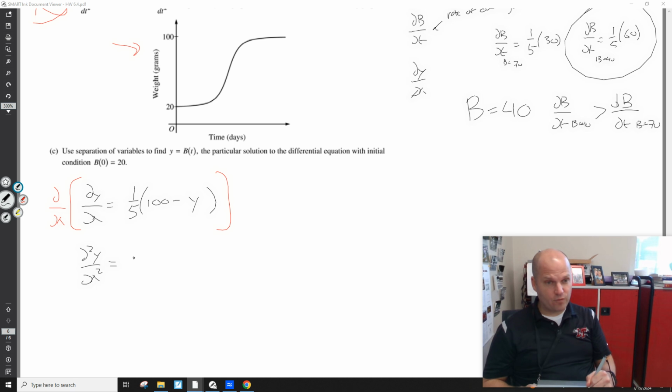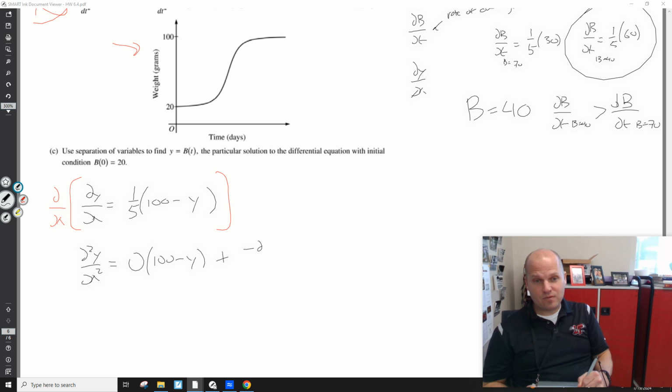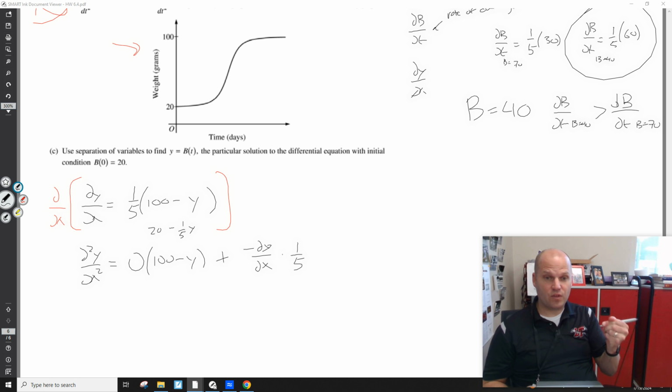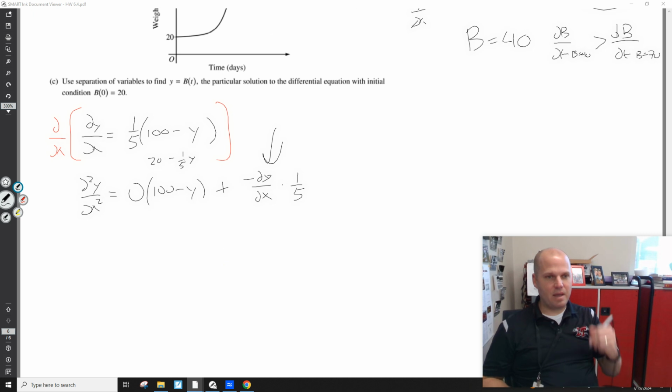The derivative of 1/5, which is 0, times 100 minus y, plus the derivative of 100 minus y, which is negative dy dx, times 1/5. Now, if you did that after distributing, you get 20 minus 1/5 y. The derivative of negative 1/5 y is negative 1/5 dy dx. Switching b's and t's to y's and x's will help you make sure that you have this dy dx in your second derivative.